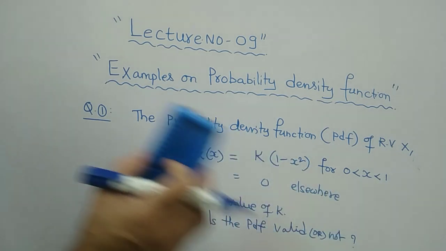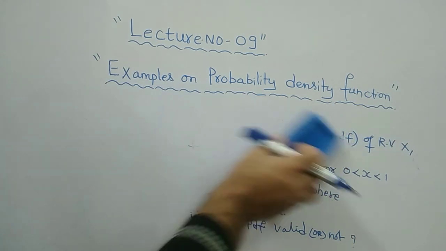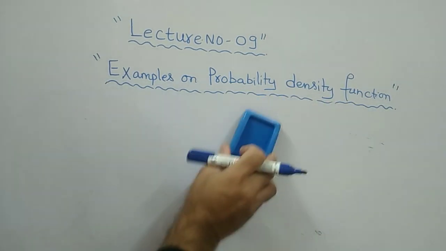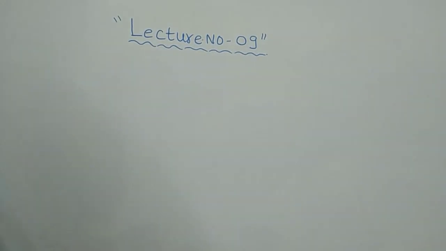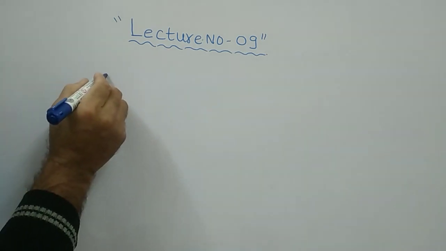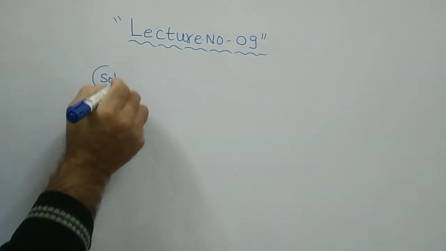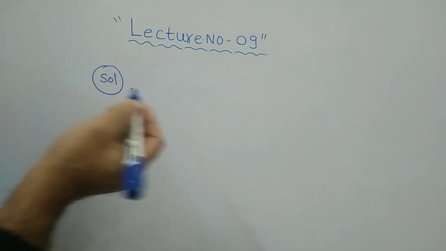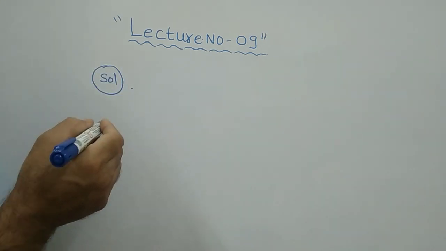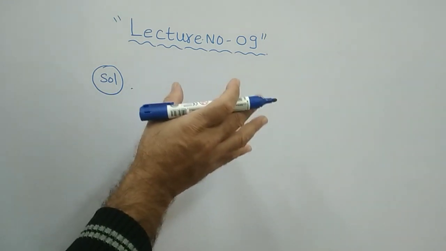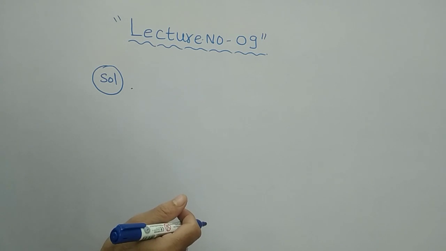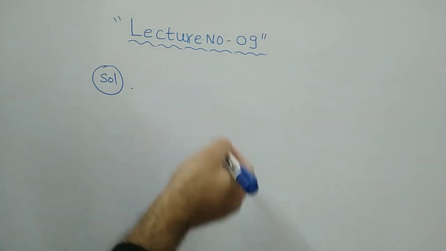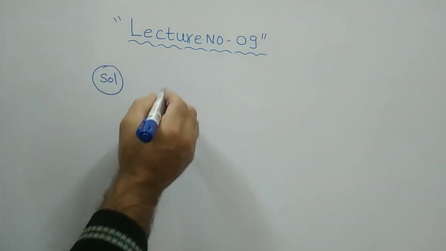This is easily solved based on one of the very important properties of our density function, if you recall from our previous presentations. Always remember that if a certain constant is given in the problem like this, you should recall the second property of the PDF.